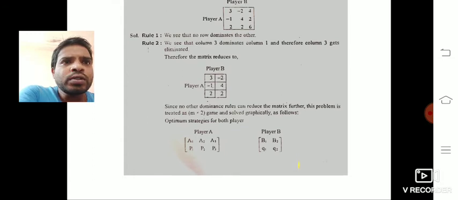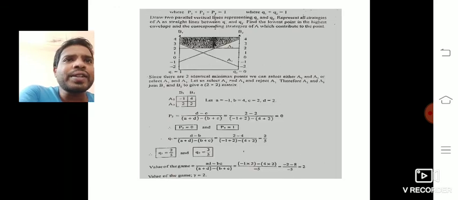Now we have a 3 into 2 matrix, with more than 2 rows and 2 columns. Now apply the graphical method, which we discussed in the previous video lecture. Since we have 2 columns and more than 2 rows, we can apply the graphical method here.